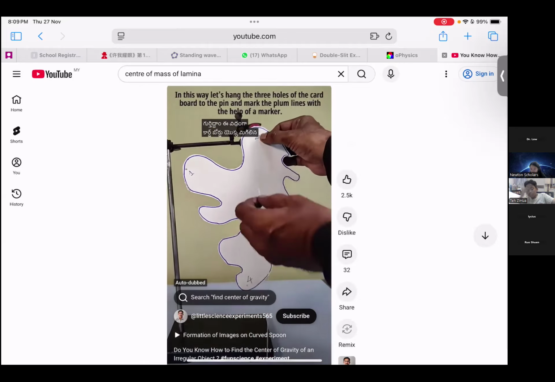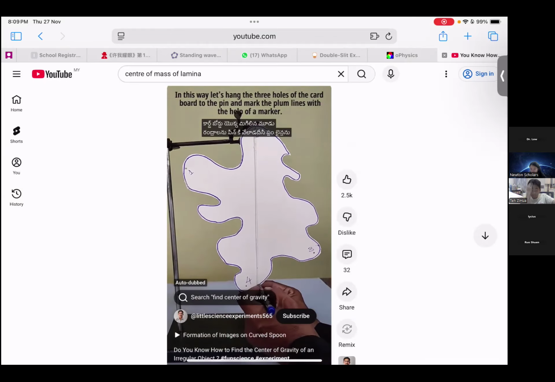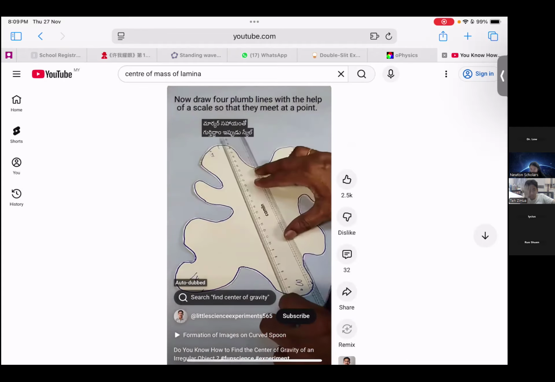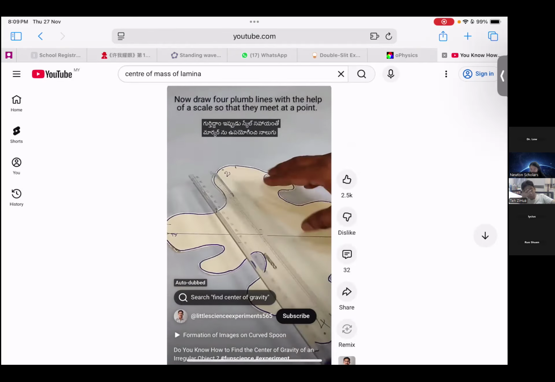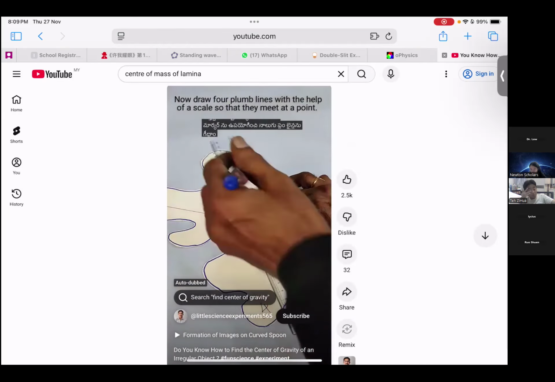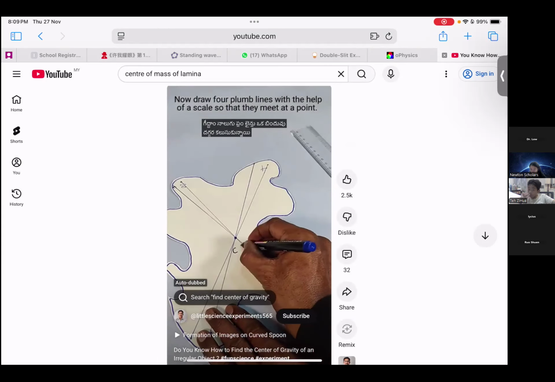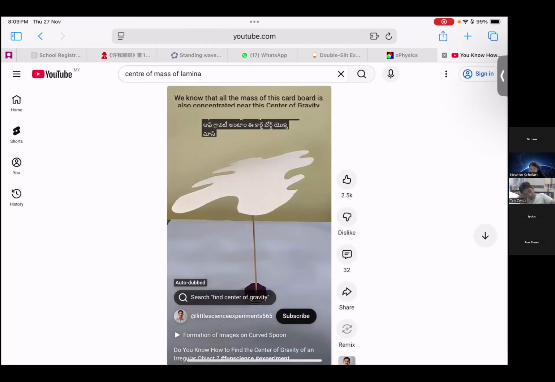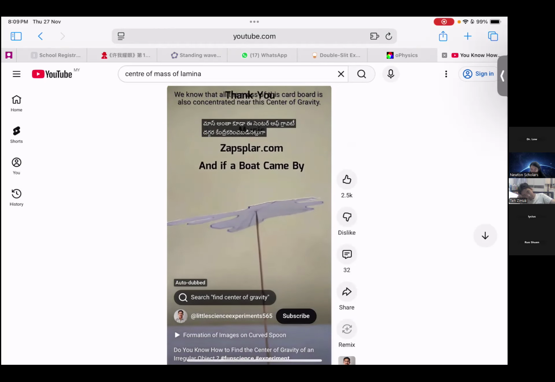In this way, let us hang the remaining 3 holes of the cardboard on the pin and mark the plumb lines with the help of a marker. Now, with the help of a scale, let us draw 4 plumb lines using a marker. The 4 plumb lines meet at a point. This is what we call the center of gravity. Through this activity, we can find out that the entire mass of this cardboard is concentrated near this center of gravity. Okay.